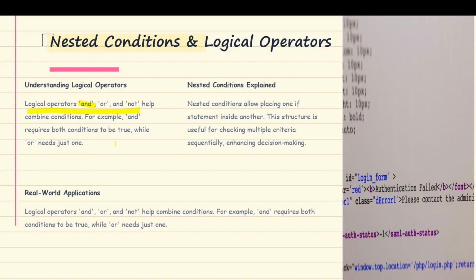But what happens with the NOT operator? If we know very well that 2 is an even number, I am writing that if 2 is an even number, we know the logic for even numbers: i modulo 2 equals to 0.